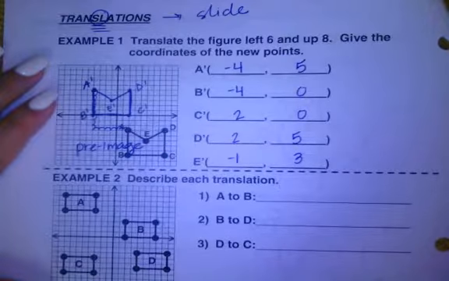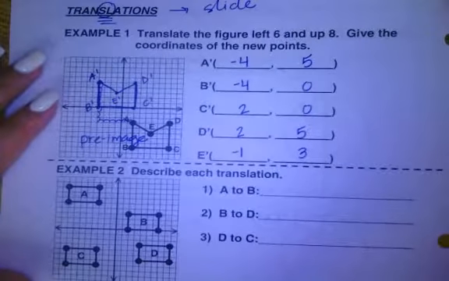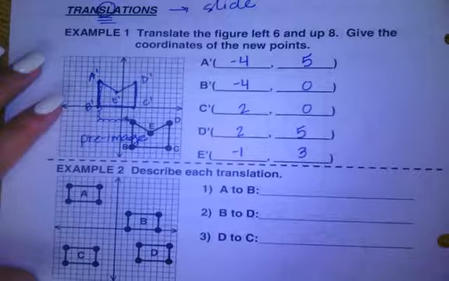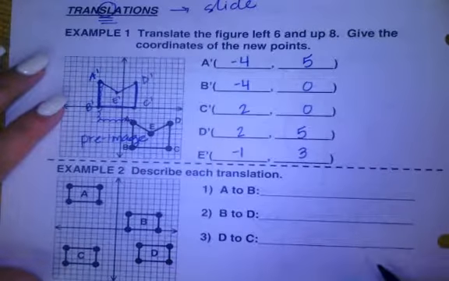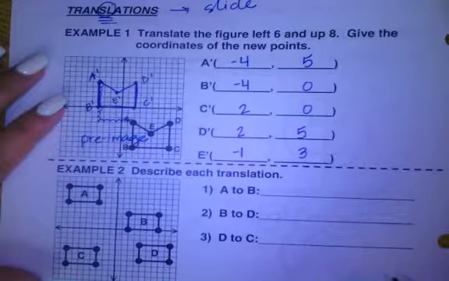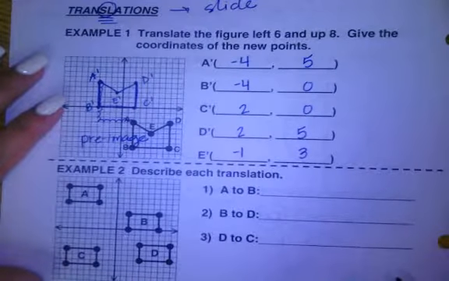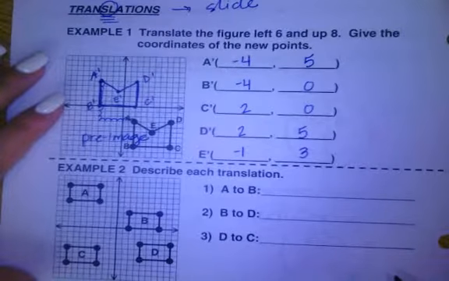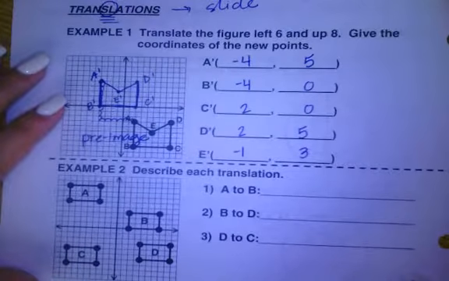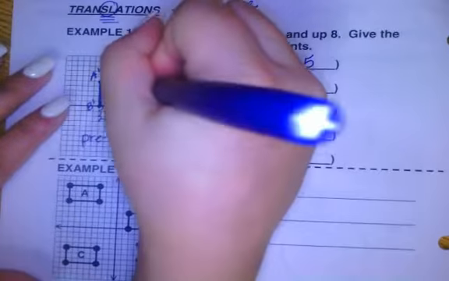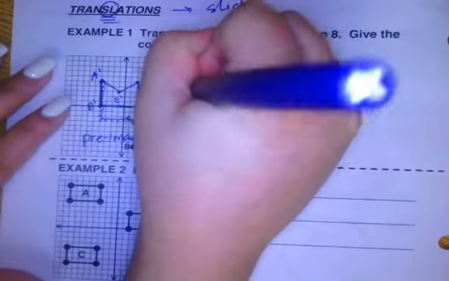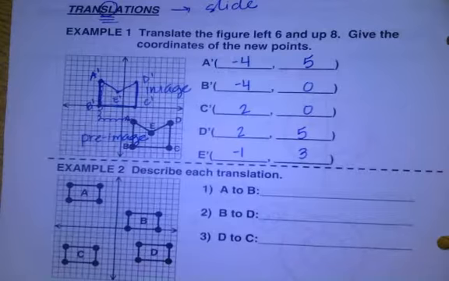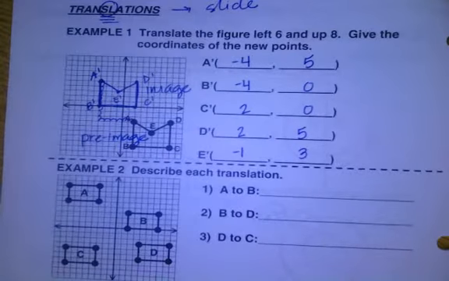So after you've applied your transformation, what do you call that? You start with your pre-image, and you end with your image. Okay, so your finished product after the transformation is what we call the image. So you have your pre-image and your image.